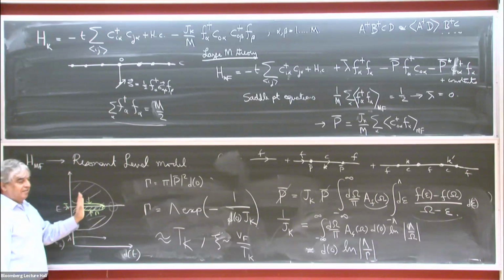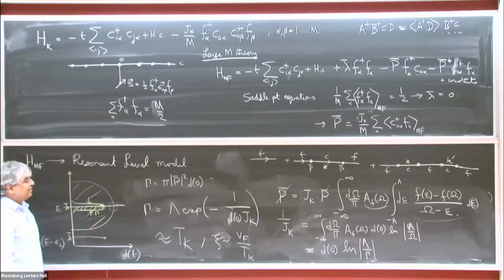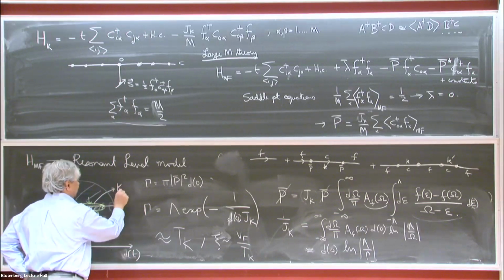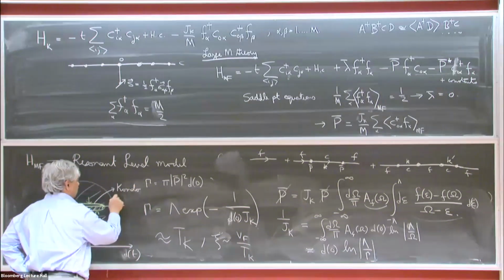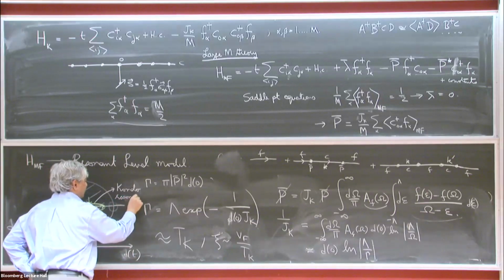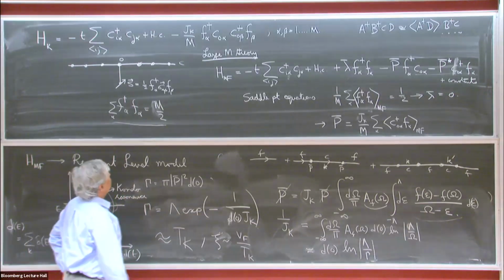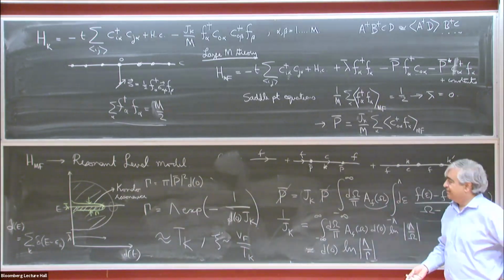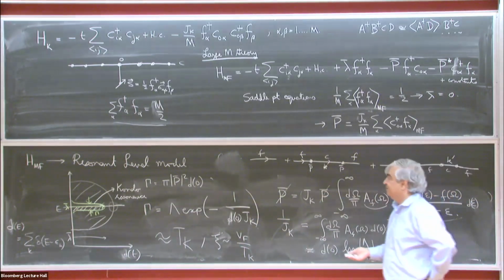This is sometimes called the Abrikosov-Suhl resonance, and it is relevant to photoemission measurements of the electron spectral function in a Kondo system. So, okay, Kondo resonance. So the only difference in the end between the free electron resonant level model and the Kondo resonance is a question of energy scale.